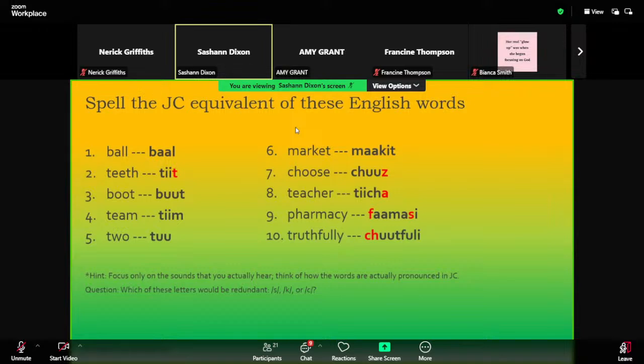Shoes and choose. So the person who asked that question, Yahenka, okay, how would we spell shoes again? Shoes. We have choose on the board. Shoes. Okay, I see Alicia with SH. Okay, perfect. SHUUZ.